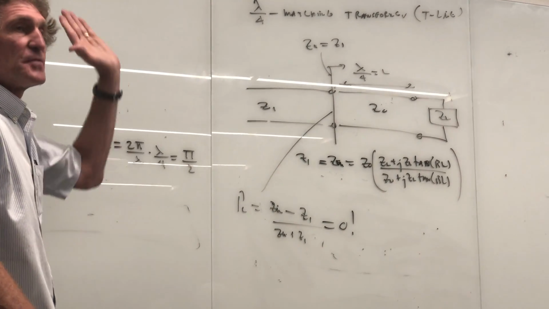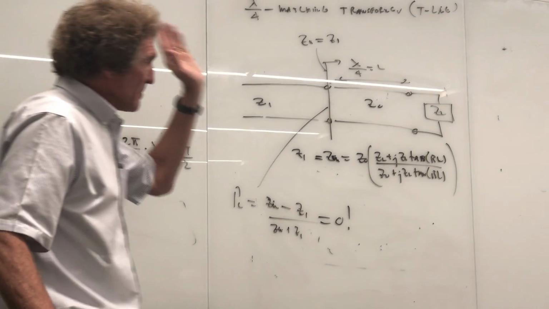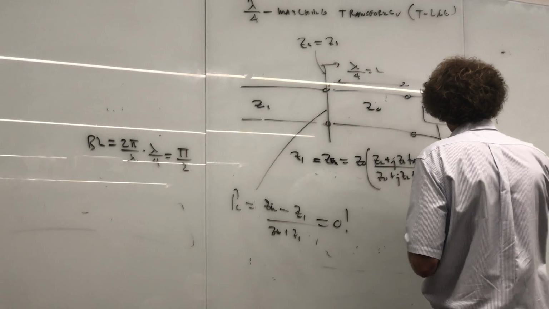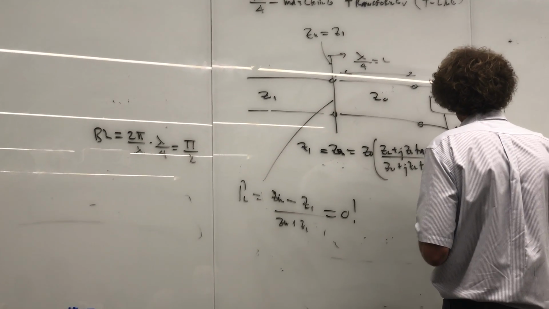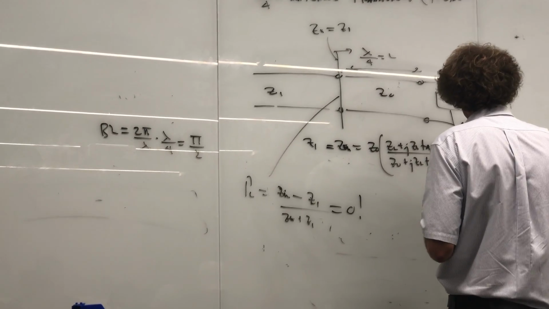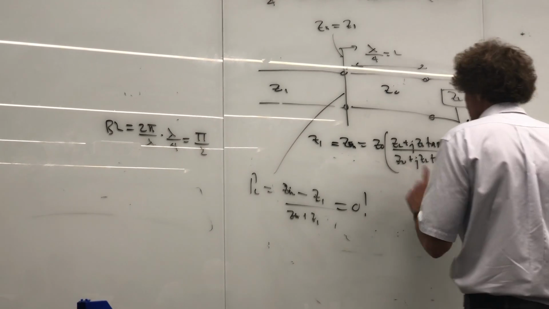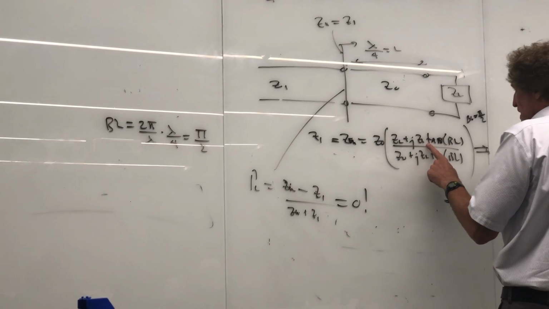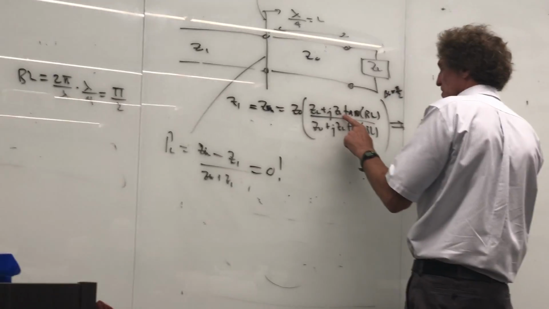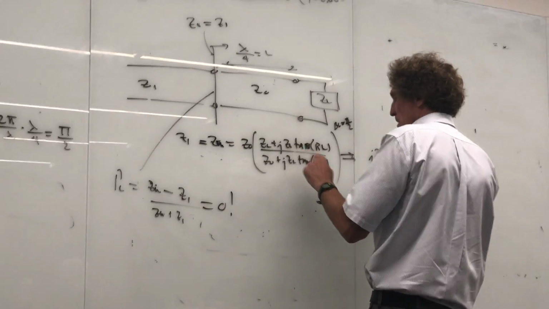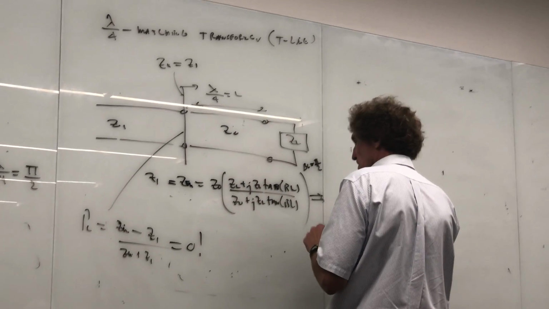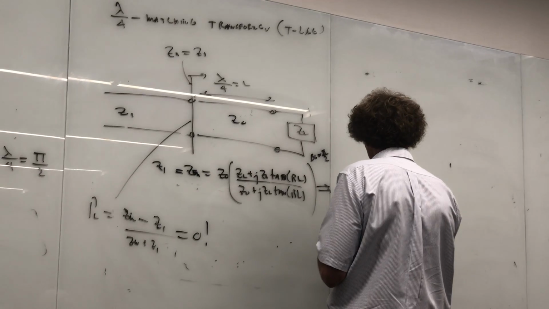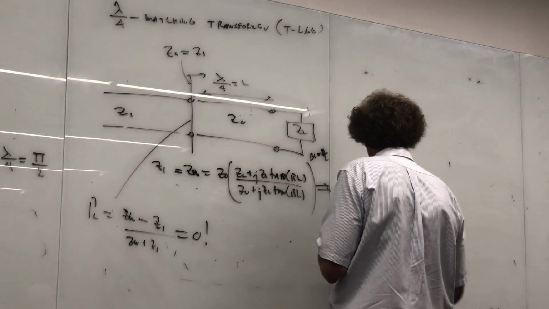It's heading towards infinity, right? What that means is this, when beta L is pi over 2, this whole thing becomes simply Z0 times j Z0 squared, divided by j ZL is equal to Z1.